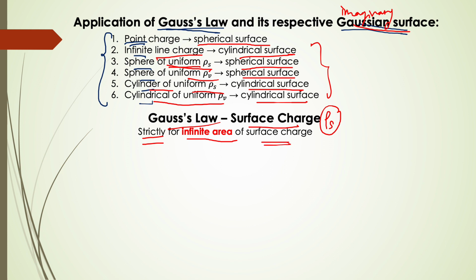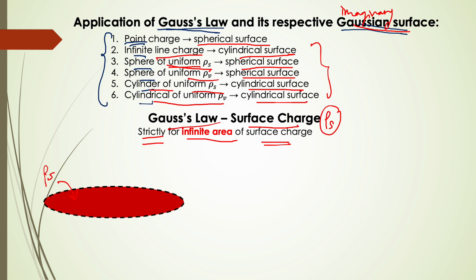Our aim now is to find the electric field. This is the infinite surface charge, and let's assume that it has a rho s here. We want to find the electric field E, but now we want to use Gauss law instead of Coulomb's law.